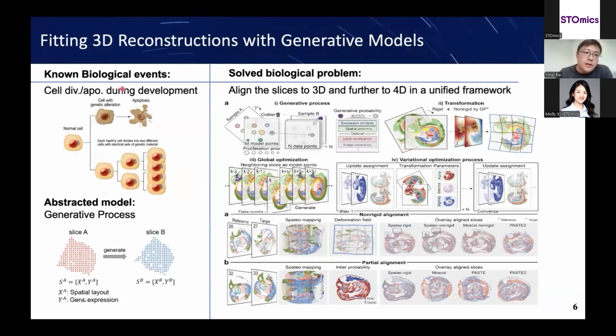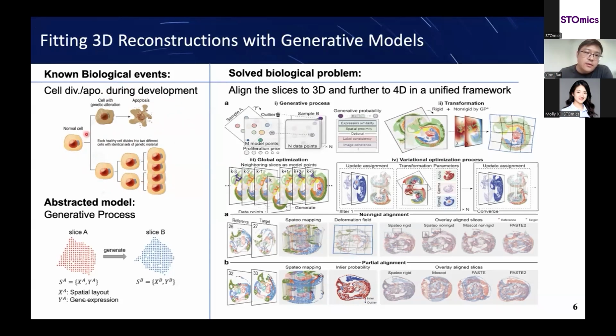We know that in real biological events, especially during development, cells can undergo apoptosis, and they can also migrate to some other place. All the cells can be divided or differentiate into more than one cell.